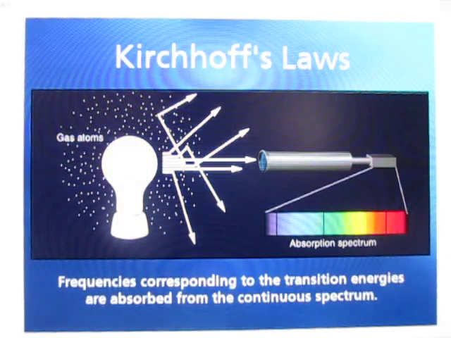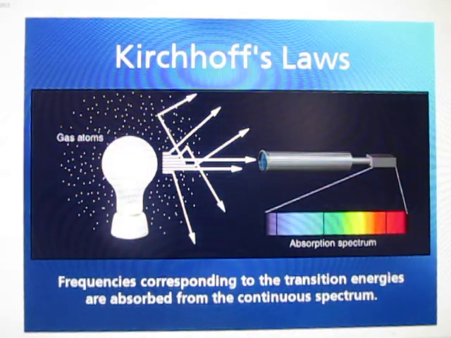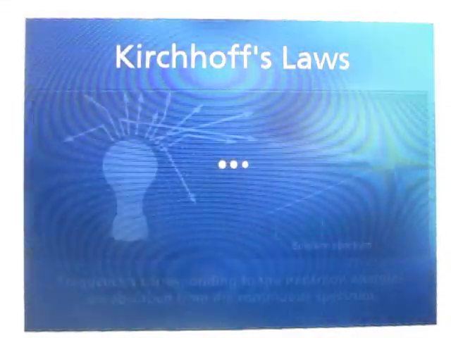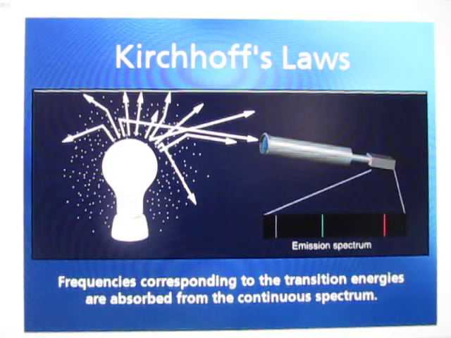If light comprising a continuous spectrum passes through a cool, low-density gas, the result will be an absorption spectrum. A low-density gas excited to emit light will do so at specific wavelengths and thus produce an emission spectrum.